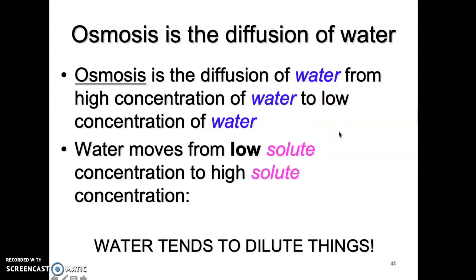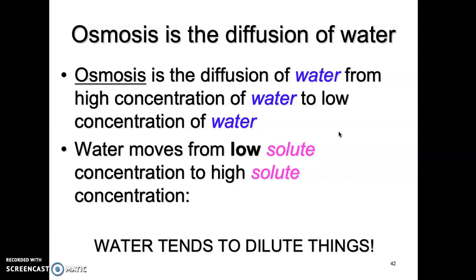If I switched that and showed it to you in terms of solute, it's flipped. You would say water moves from low solute concentration to high solute concentration. What does that mean? It's the classic example of putting salt on your lettuce. The solute is the salt on the outside of the lettuce. What happens to the lettuce?